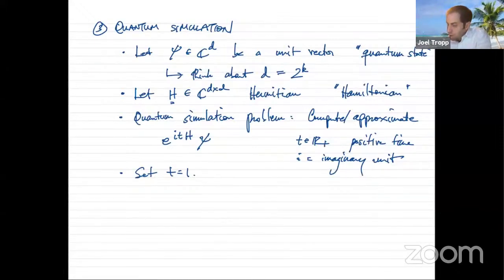Okay. Now, in many situations, this Hamiltonian is not just an arbitrary matrix.